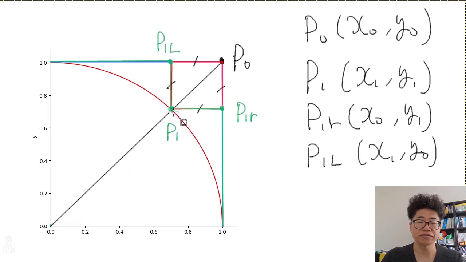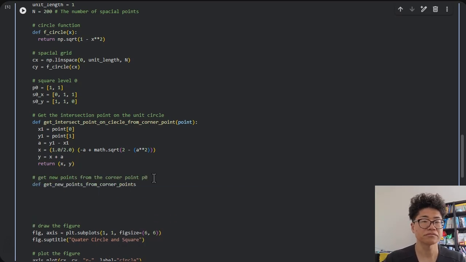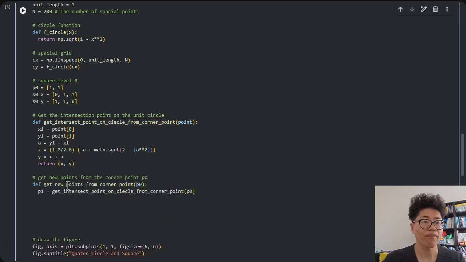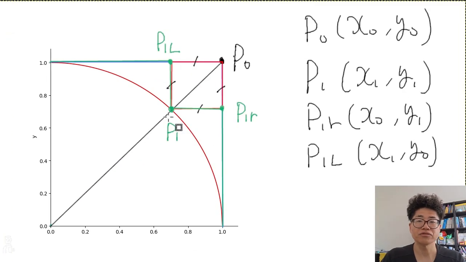So intersection point is there, but I want to have P1L, P1, P1R. So generate 3 points. From L to R, generated points are 1, 0, 1, 1, 0, 1.